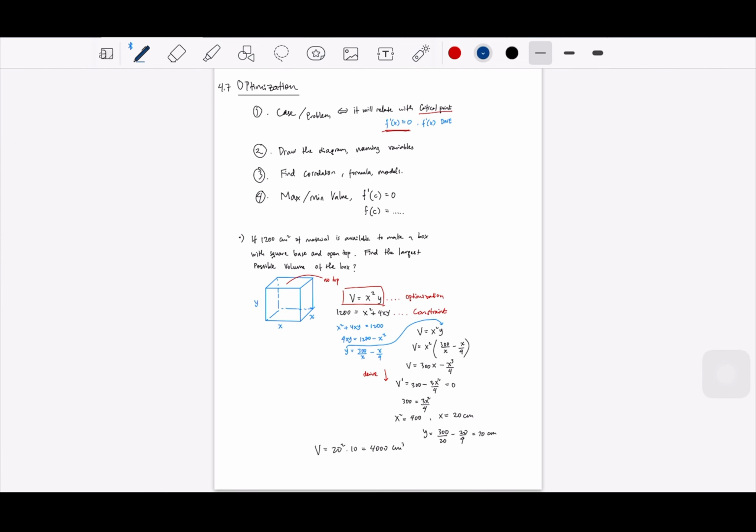So let me give you an illustration of how this affects your thinking. It doesn't need to be like, if this happened, then the largest will be this and this. So let me give you, from a calculus perspective, what we have done here. Let me give you a question.